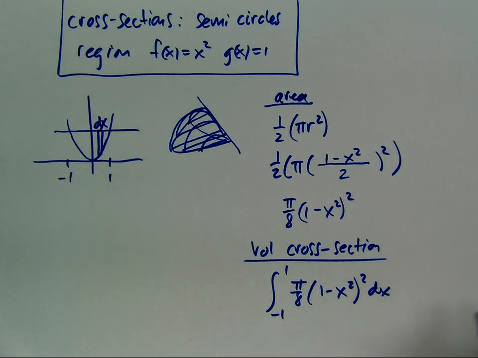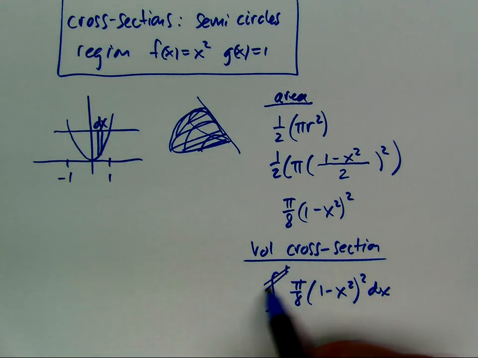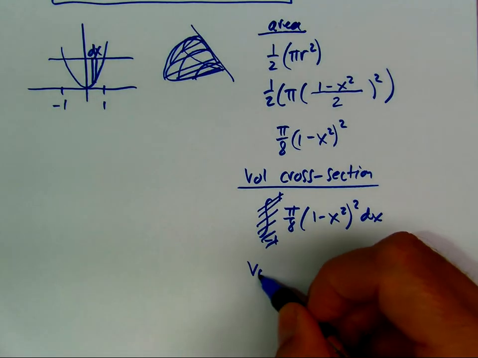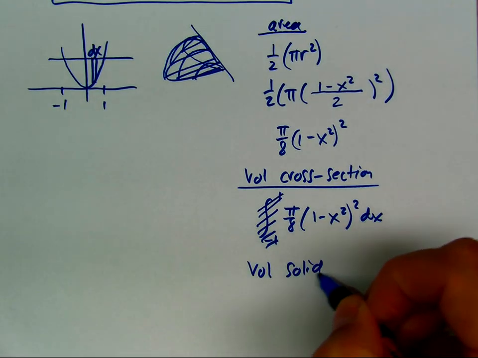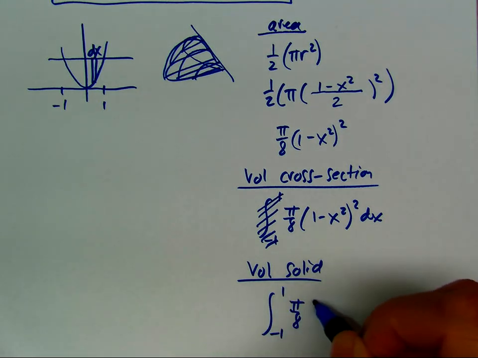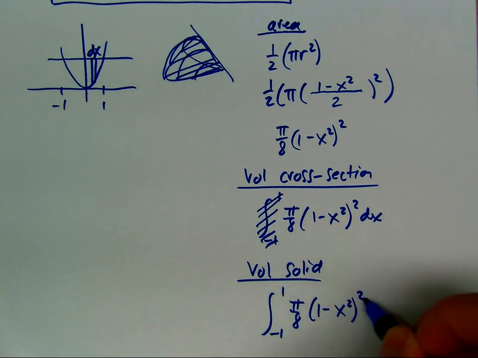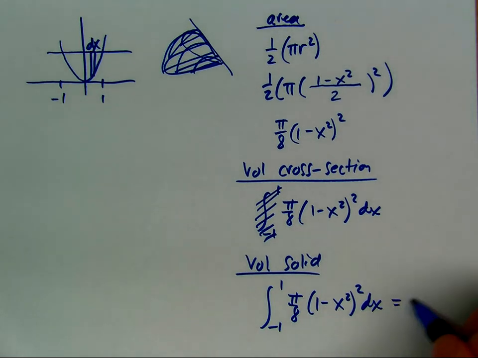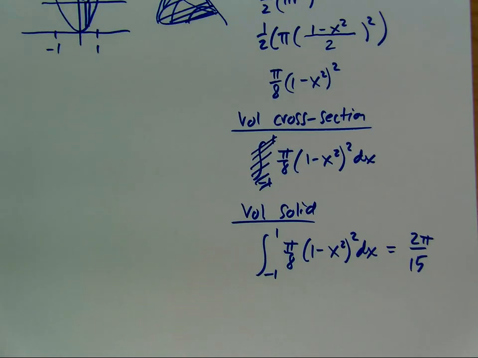The volume of the cross-section will just be, if we remove that, there's the volume of the cross-section, and then we'll do the volume of the solid with the integral. And we should get 2 pi over 15. All right, we'll stop there.